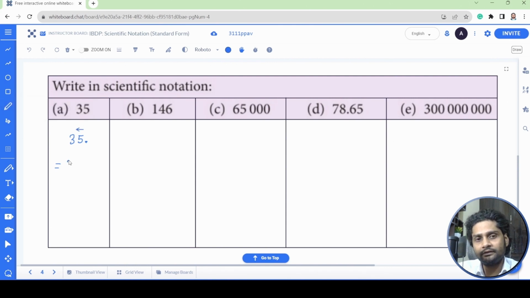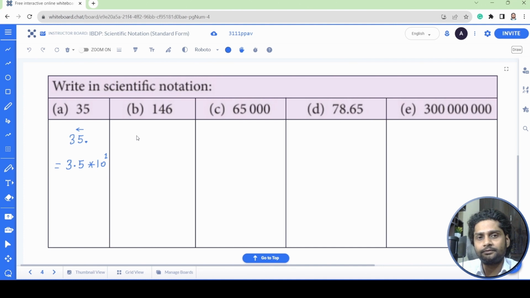As soon as we shift the decimal, the number becomes smaller. To compensate for that, we multiply by an exponent of 10. Because we shifted the decimal by 1 digit, the exponent is just 1. So equality is still maintained. If you multiply 3.5 by 10, you still get 35. This is the standard notation or scientific notation of the same number.